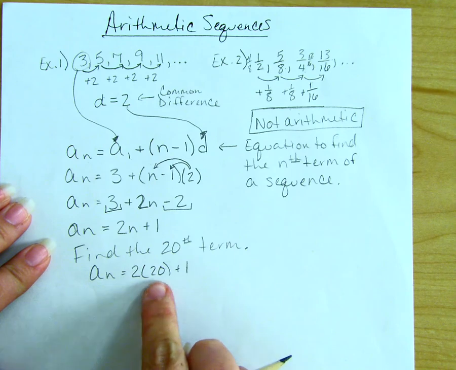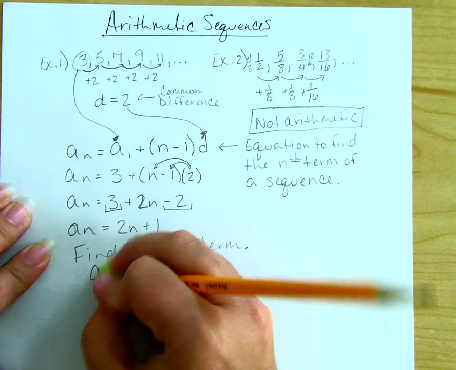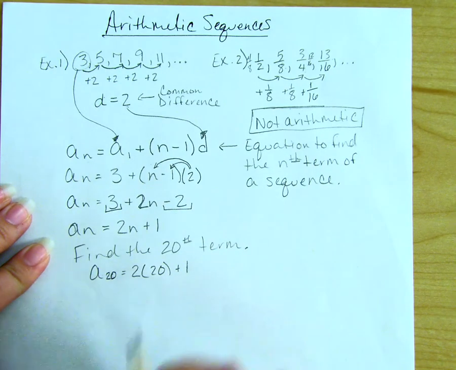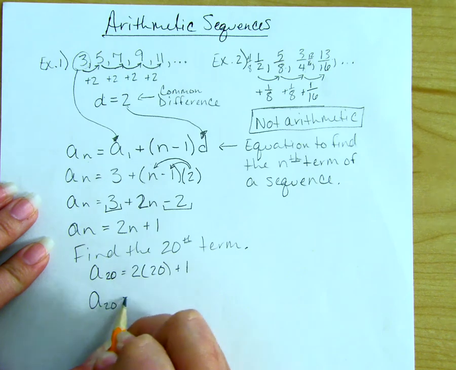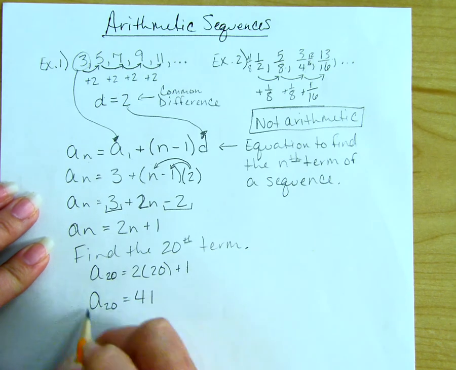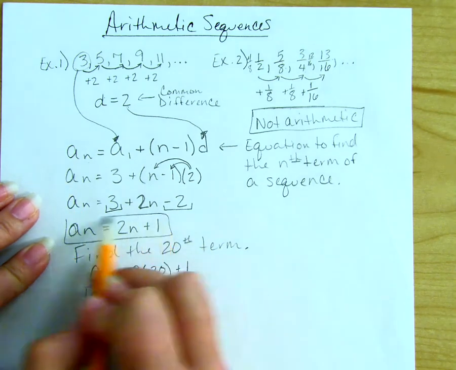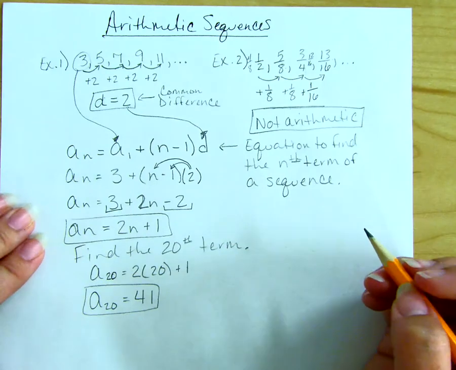Well, 2 times 20 is 40, and 40 plus 1 is 41. Excuse me, not a sub n anymore. A sub 20, because that's what I replaced n with. So a sub 20 is 41. And you go back and box those things we found that were answers.